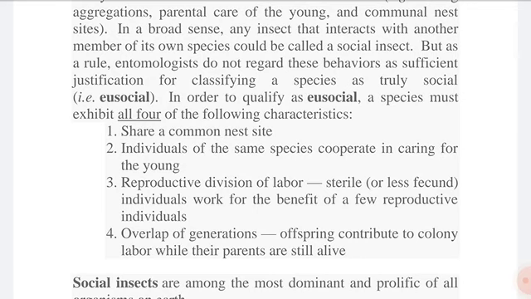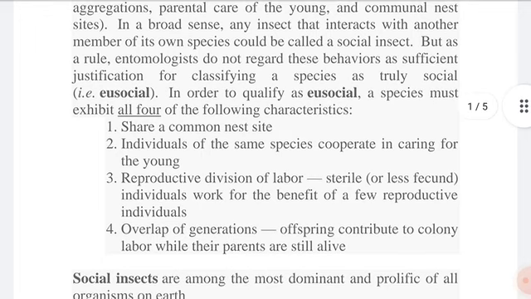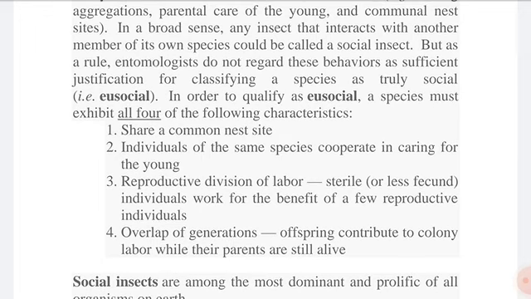Third is reproductive division of labor, where sterile individuals work for the benefit of a few reproductive individuals. This means there is division of labor. Some of the members are reproductive, some work as soldiers and some as workers. So there is division of labor.